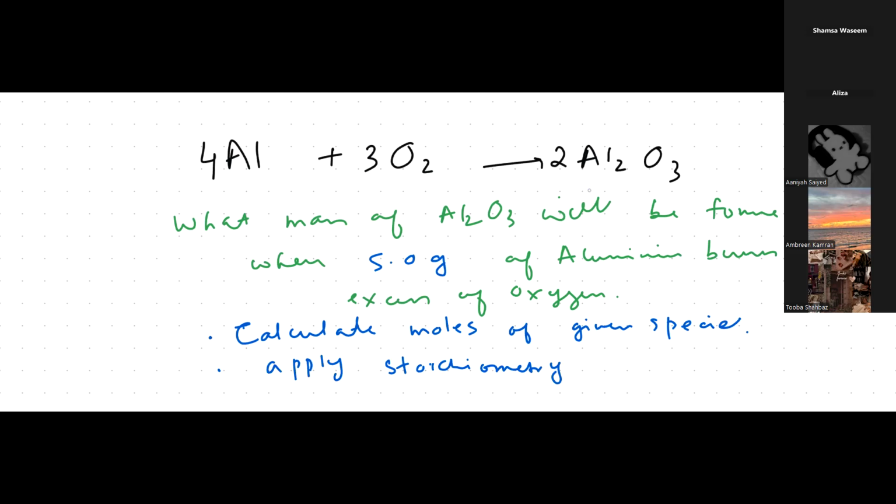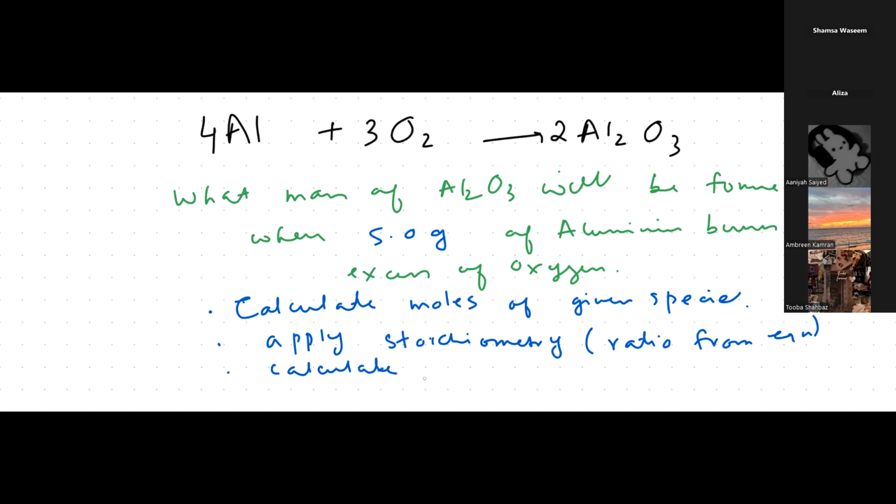Then you calculate the required species moles, and then calculate mass or even volume, whatever is asked. This is known as the molar bridge or mole bridge.